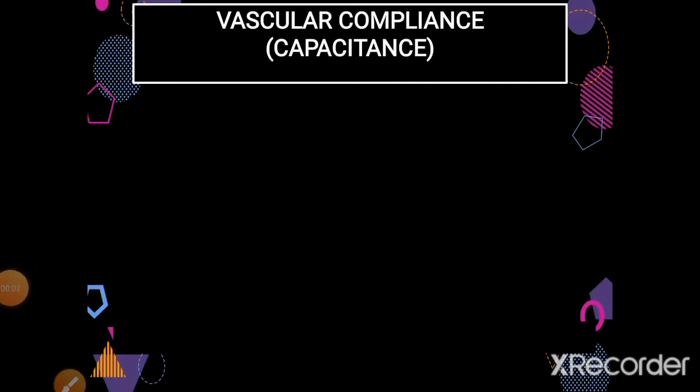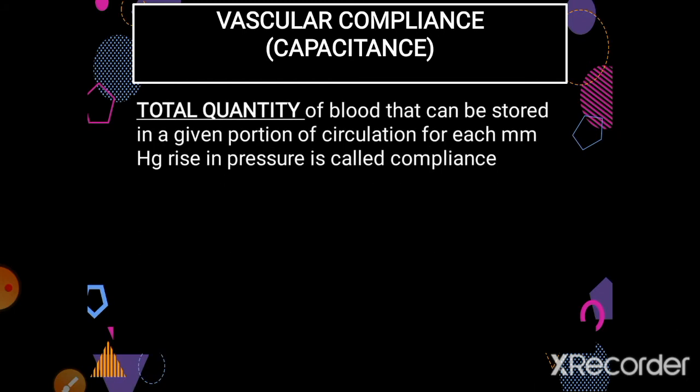Now that you have understood what is meant by vascular distensibility, let us move on to another definition, which is known as vascular compliance or capacitance of a vessel. Do not confuse it with distensibility. Where distensibility was the ability of a vessel to stretch or distend under pressure, compliance is the ability of a vessel to actually hold volume. As the name implies, vascular compliance is the total quantity of blood that can be stored in a given portion of a circulation for each millimeter rise in pressure.